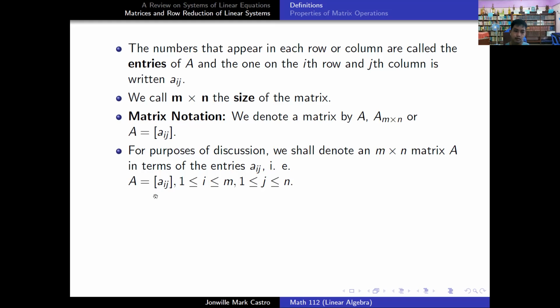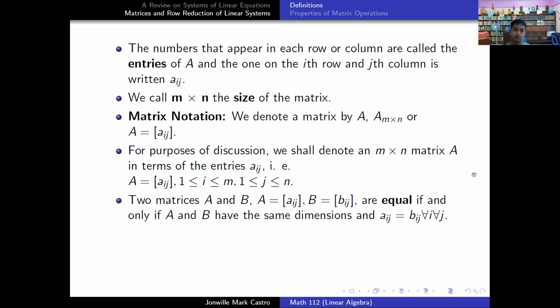Okay, so A equals A sub ij, where I is between 1 and M, and J is between 1 and N. Okay. Two matrices A and B are equal if and only if A and B have the same dimensions and A sub ij equals B sub ij for all i, for all j. So, equal ang dalawang matrices pag lahat ng entries nila ay equal at same yung positions.